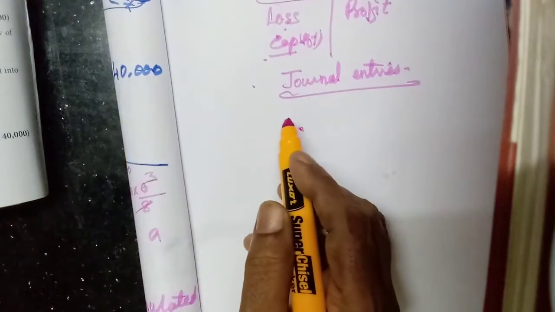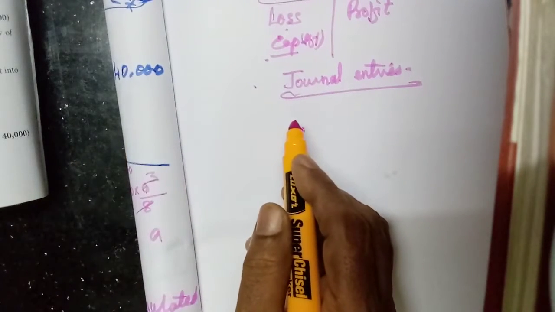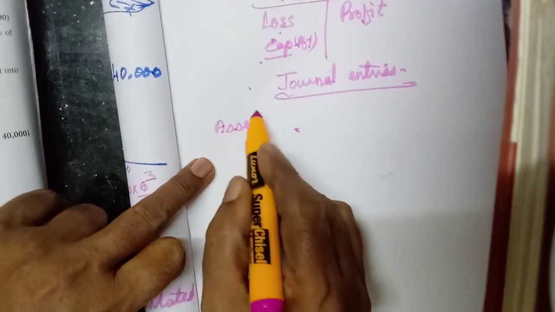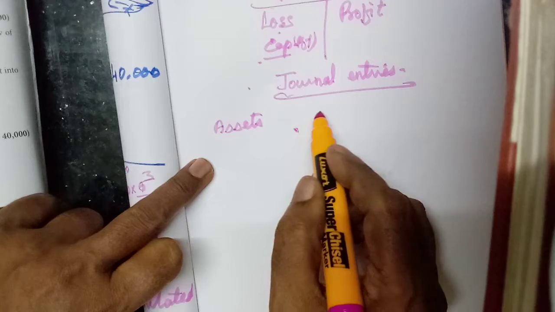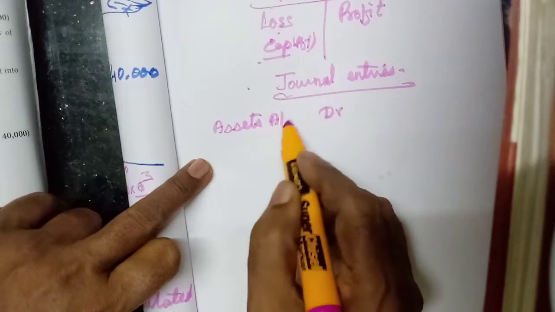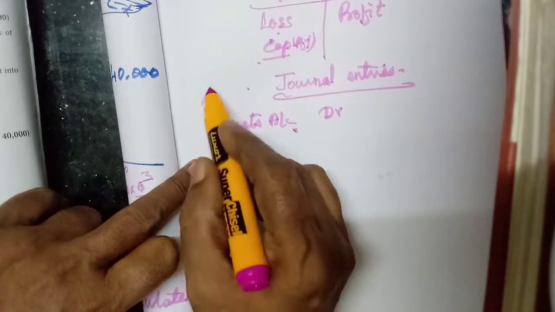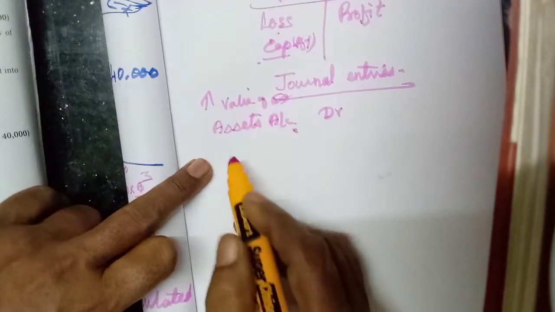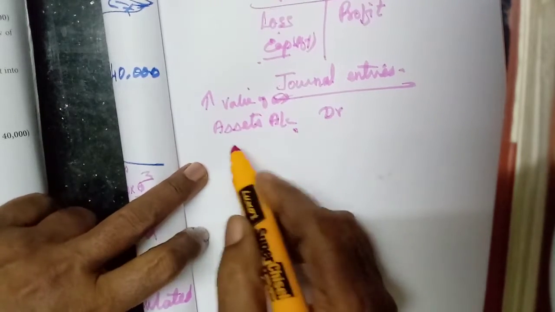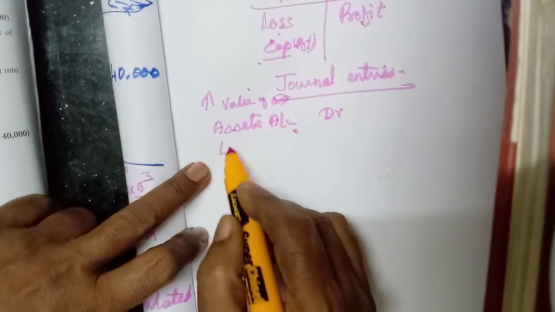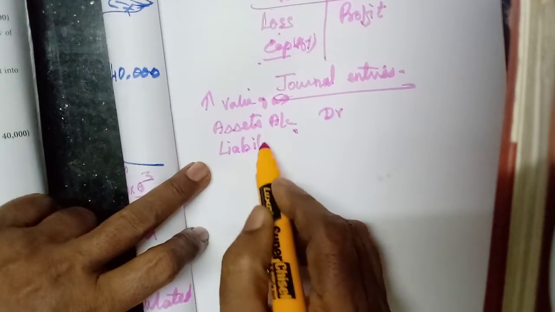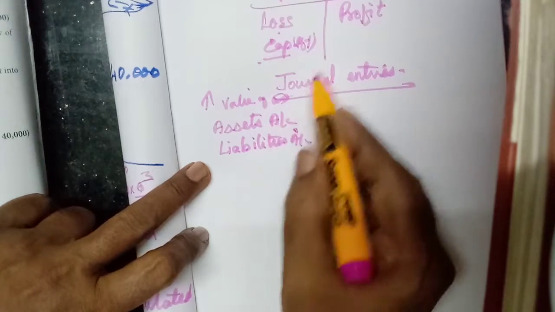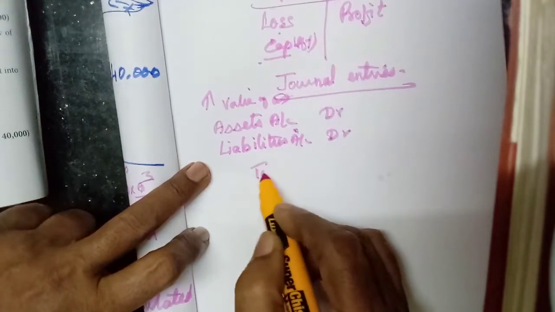For any increase in the value of an asset, that asset account should be debited. Then any decrease in the value of liabilities, that liabilities account should be debited. And which account should be credited? Revaluation account.